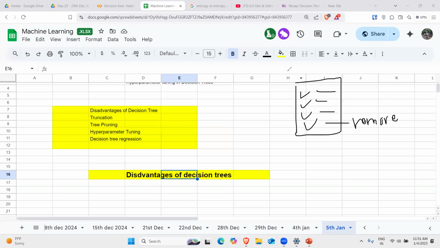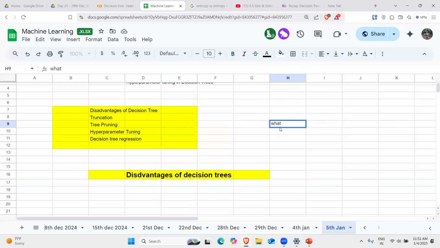How does a model get overfit? Why does a model get overfit? How do you treat it, or what are the different ways to remove the overfitting? Very, very important question.